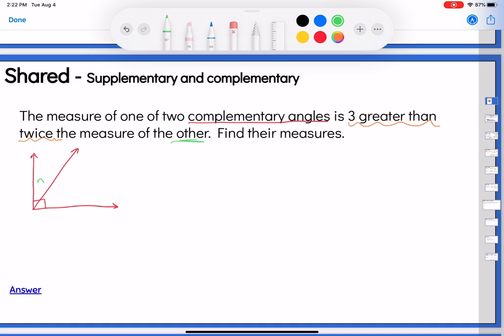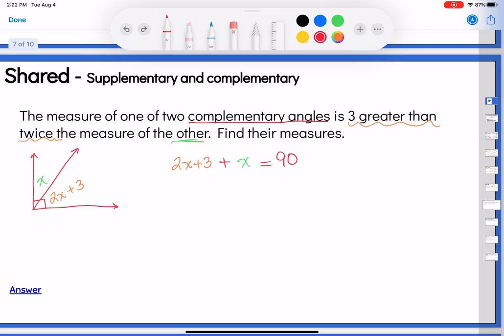So the other will just be x, and then the one would be 3 more than twice the measure, so 2x plus 3. And if I know that they're complementary, then 2x plus 3 plus x, the two of them added up, has to equal 90 degrees.